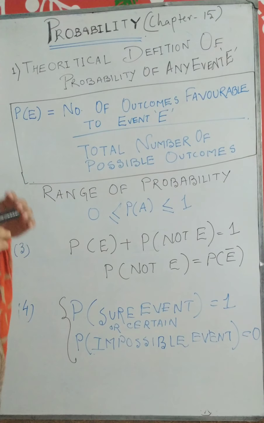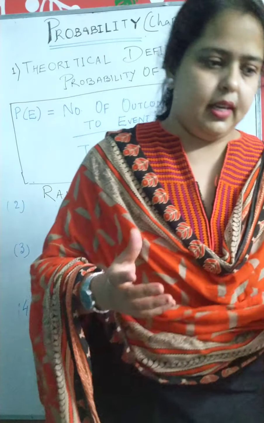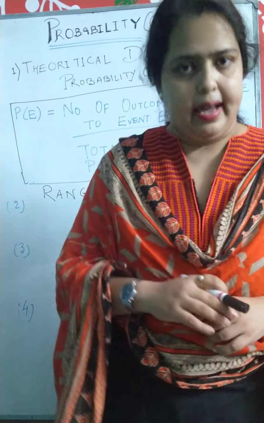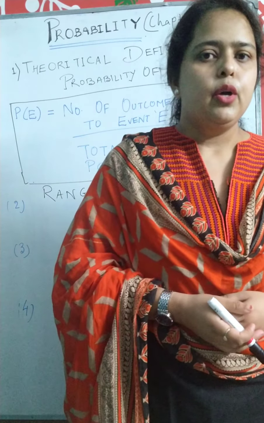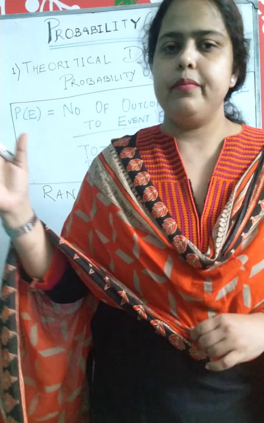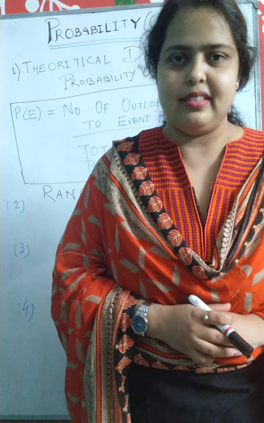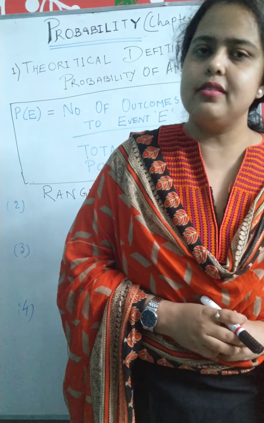Correct. We are calculating the length of any particular object, and we are calculating the measure of an angle. We are measuring the mass of any object. So we are always interested in measurements. So why not measure the chances of occurrence of an event?